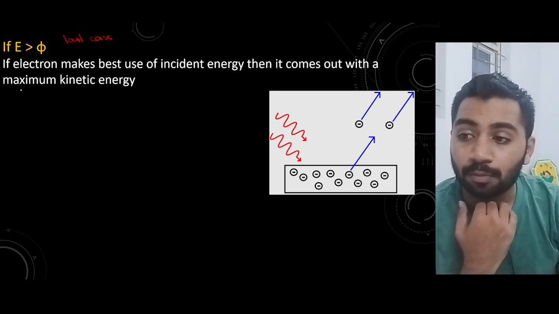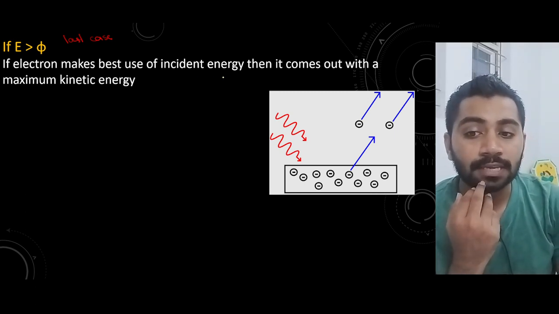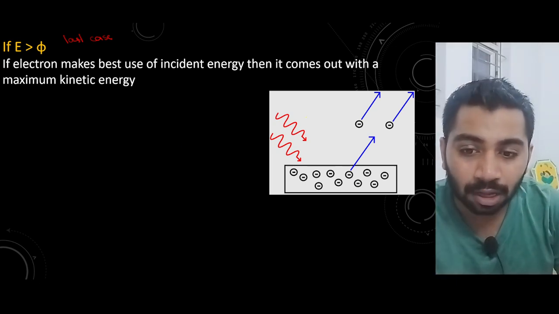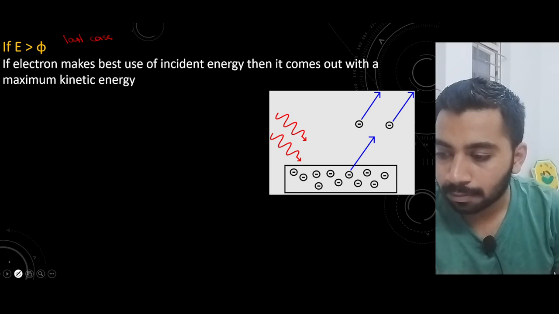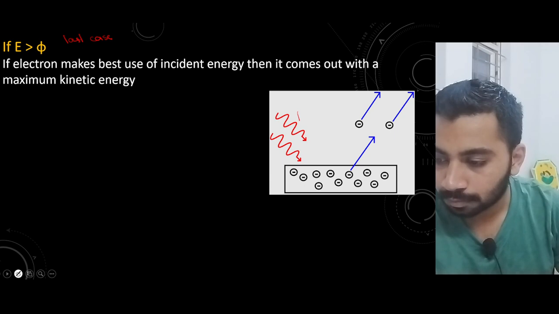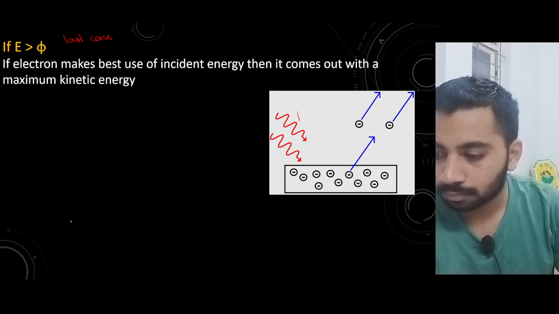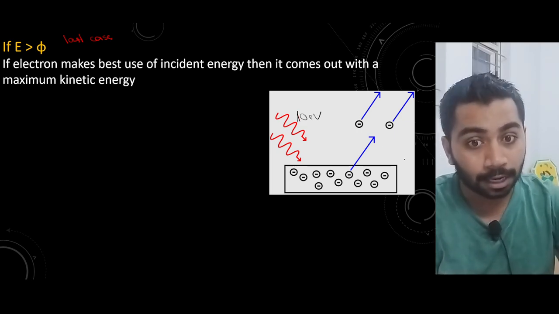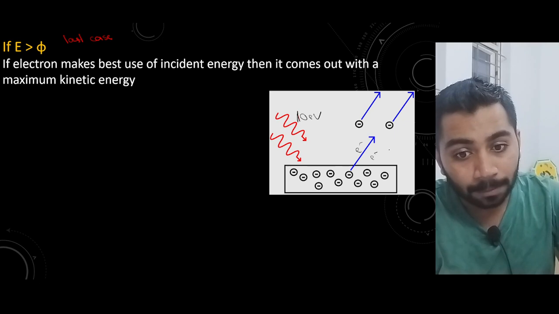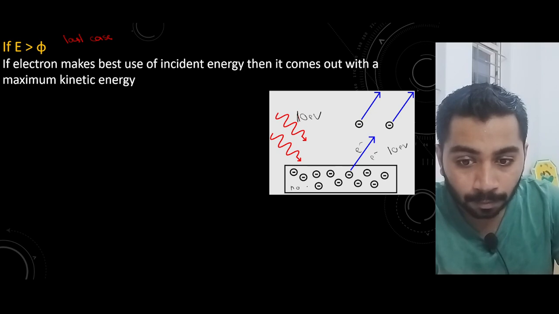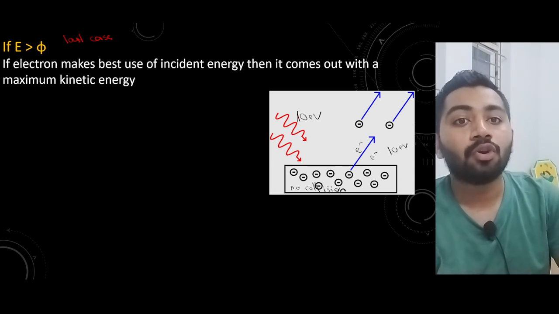Now this is very important. If the electron makes best use of incident energy, then it comes out with maximum kinetic energy. If the electron makes full use, which means if I apply 10 electron volt, the outside electrons come with 10 electron volt, which means no collision.